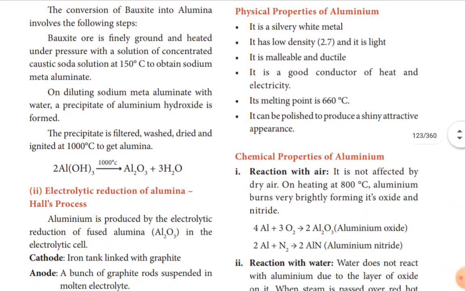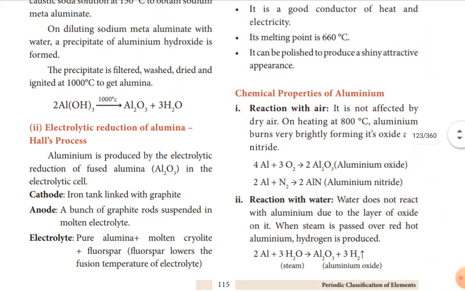Third stage, aluminum hydroxide to alumina. See, actually for each stage equations are there, but only one equation is given for you, and it is enough for you to practice. 2 moles of aluminum hydroxide on heating at 1000 degrees Celsius, alumina and water are formed. So this is the first step in the extraction of aluminum from bauxite ore.